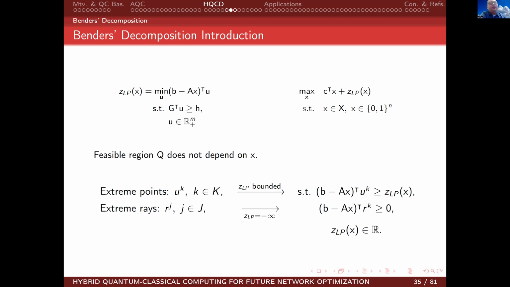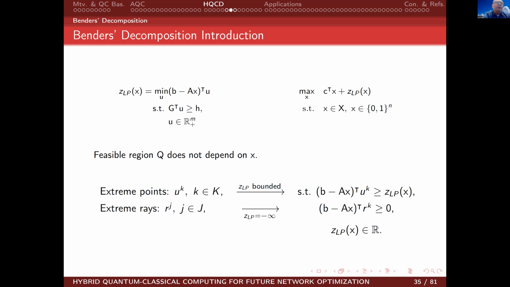If the subproblem is infeasible, then the dual of the subproblem will be unbounded. For an unbounded problem, we can get its extreme ray. So commercial linear programming solvers can provide us the extreme point if the subproblem is feasible.